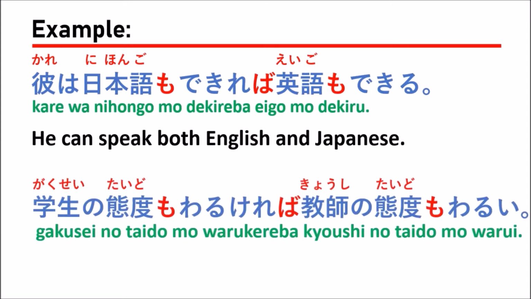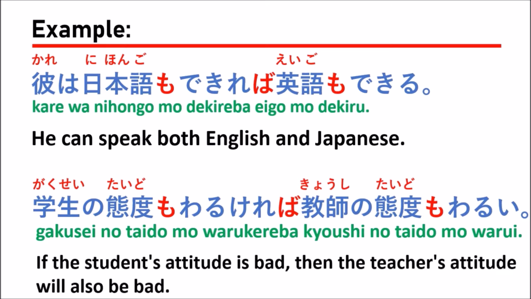The next example. 学生の態度も悪ければ教師の態度も悪い。Which means if the student's attitude is bad, then the teacher's attitude will also be bad.